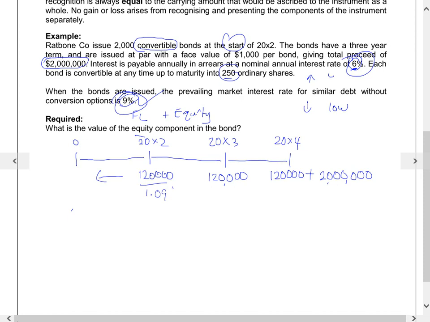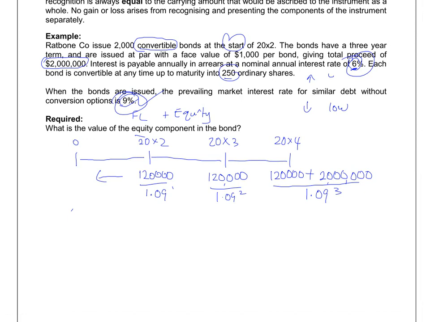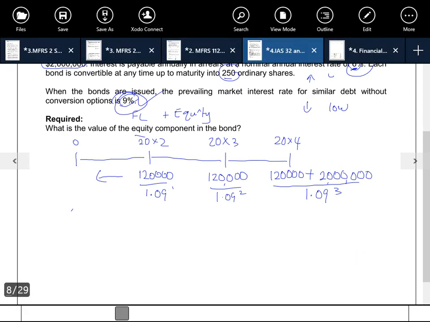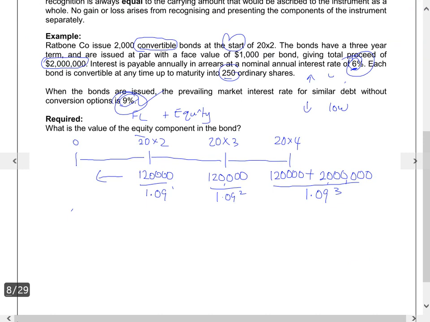What's the double entry to record this today? How much did I receive? Debit bank, $2 million. Credit bond, your convertible bond, how many percent?